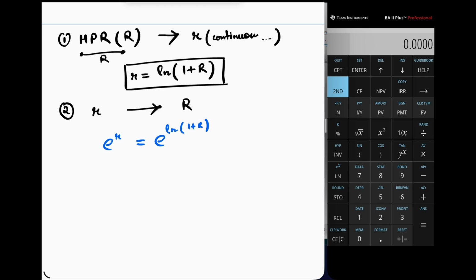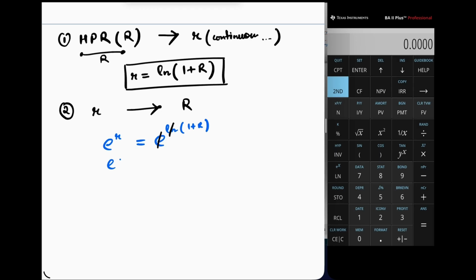Since this e and this ln are inverse of each other, and as you can see from the financial calculator, if I want to use e, I have to press second. You can see that e to the x is getting highlighted, ln has gone down. So they cancel out.